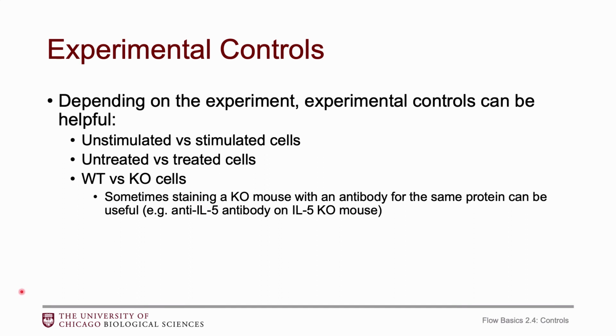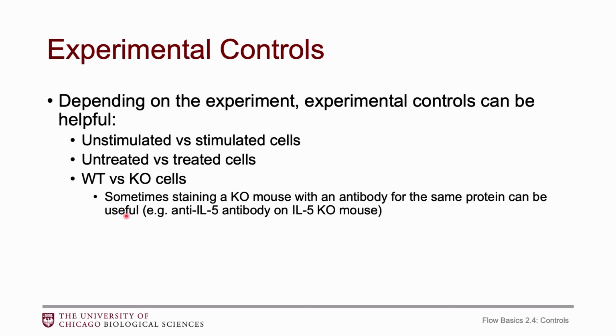The experimental controls, this is really up to you. It's very specific to your experiment, but I just wanted to remind you that you might need to bring some controls based on your actual individual experiment. So you might need unstimulated versus stimulated cells, treated versus untreated cells, wild type versus knockout cells, and determining which cells you need to use for your controls is something that you'll have to figure out for your individual experiment.